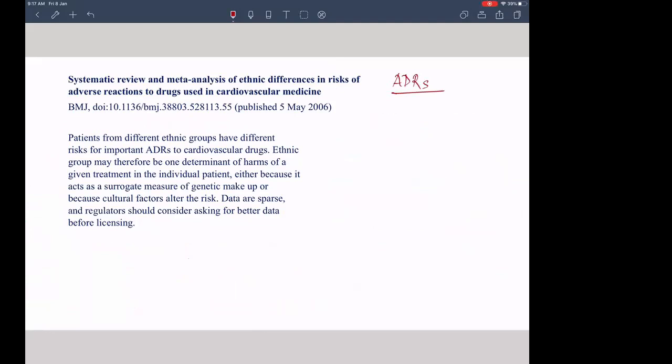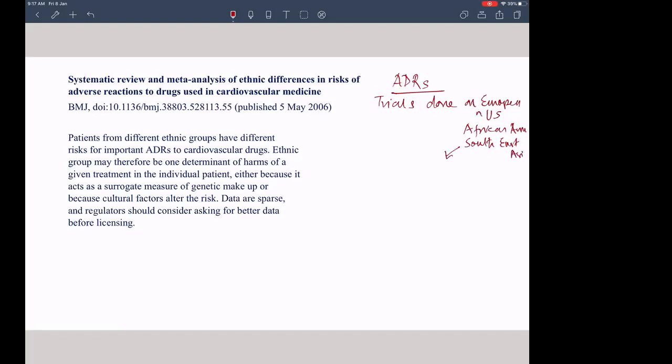Well, most of the trials are done on either European or US or African Americans or even Southeast Asia and so on.